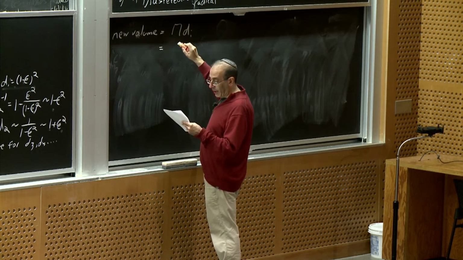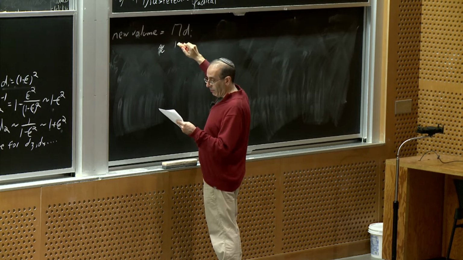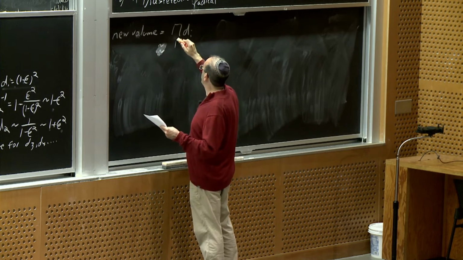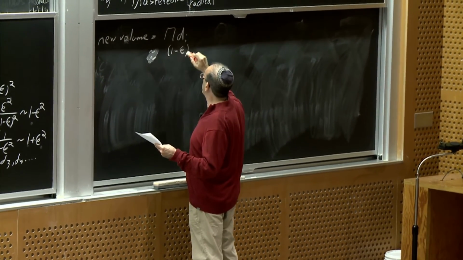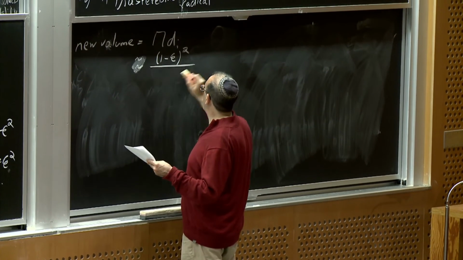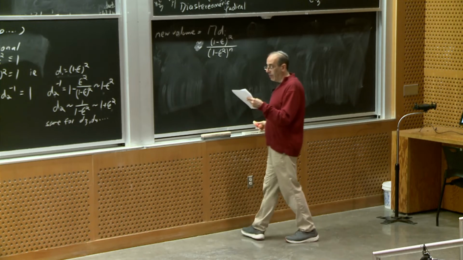So this is roughly (1 minus epsilon) all squared divided by (1 minus epsilon squared) to the nth power.